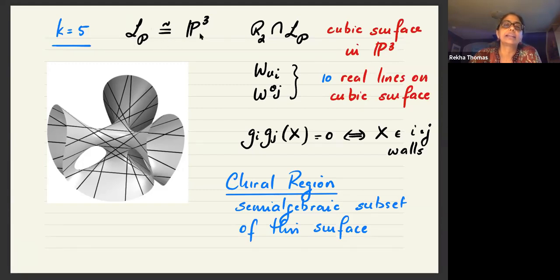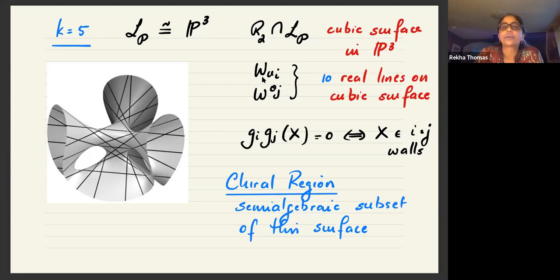And now we're intersecting this plane with the cubic, the determinantal hypersurface. And when you do that, you end up with a cubic surface in P3, right? Because I have a 3-dimensional space and I'm cutting it with det X equal to 0. So here's a picture of one. And this is what the epipolar variety looks like for K equals 5. It's a cubic surface.